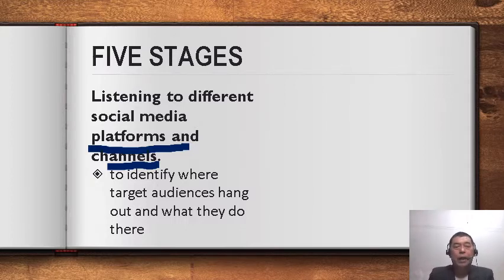So these are the current trends in the social media. No, it's all about wellness, it's all about health. So you must listen to these different modalities and channels. You must exert effort really to listen and identify what the target audience is really trying to engage, what they like best to do in these different modalities.